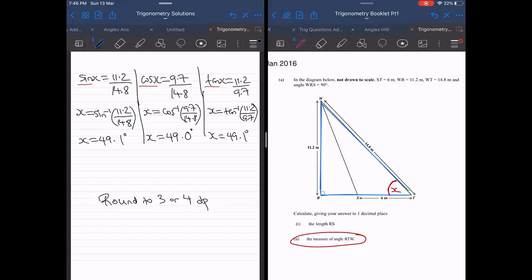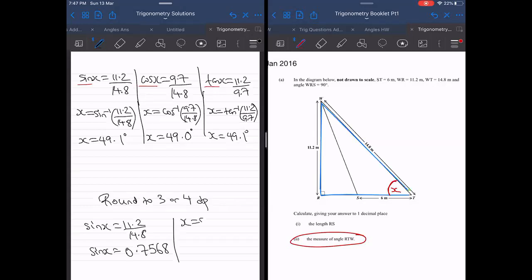Suppose I have sine x is equal to 11.2 divided by 14.8, and I put 0.7568.